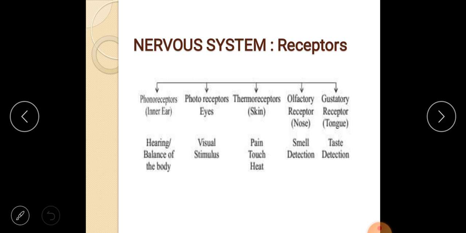Like the ear has the phonoreceptors. The eyes have the photoreceptors. Then the skin has the thermoreceptors, the nose has the olfactory receptors, and the tongue has the gustatory receptors, which receive the signals and transmit these signals to the spinal cord or to the brain.